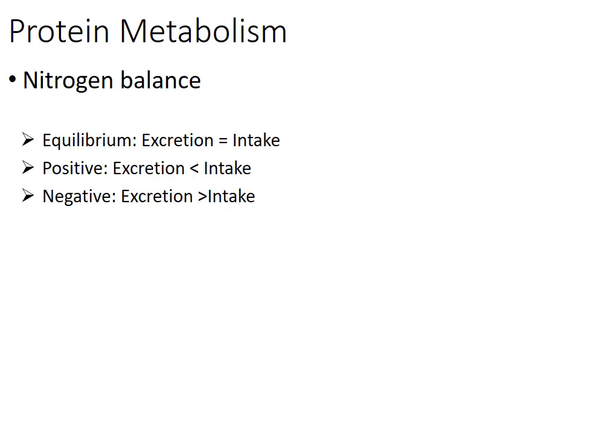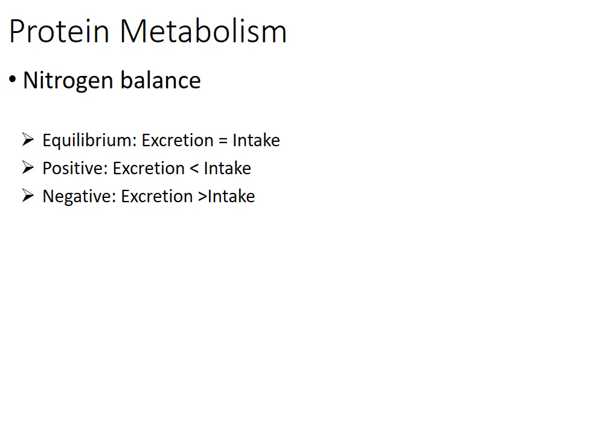The last part of protein metabolism is nitrogen balance. Nitrogen balance is the difference between nitrogen excreted from the body and nitrogen ingested through the diet. When a person is on a protein-free diet or a diet inadequate in protein, the tissue proteins are broken down.